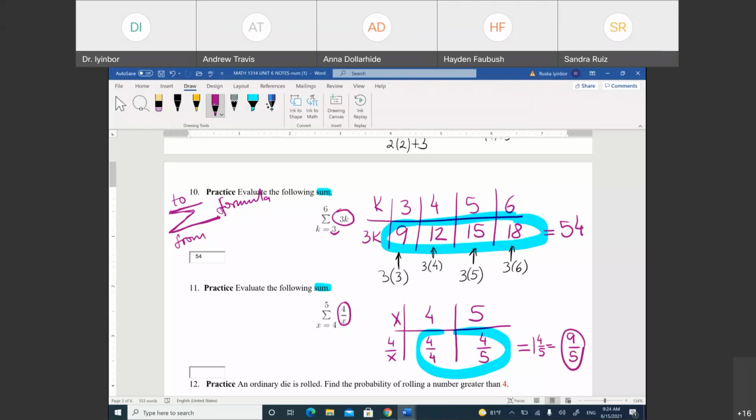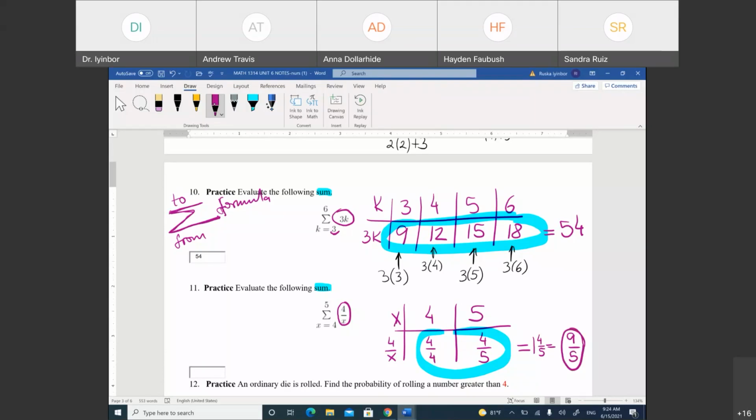Everybody understand that? Do you guys understand how I got these two numbers? How you add them? Yes? Okay. So that's how you do number 11, where you have to find the sum.